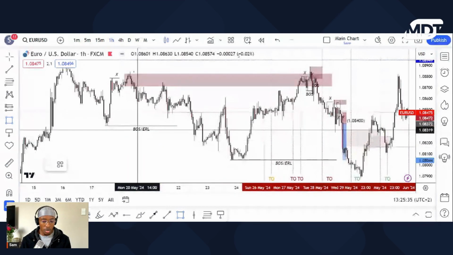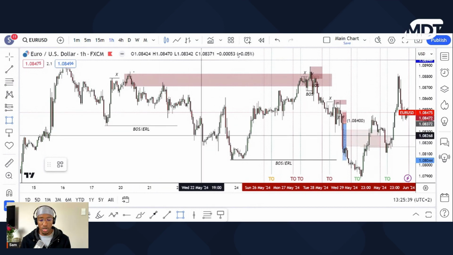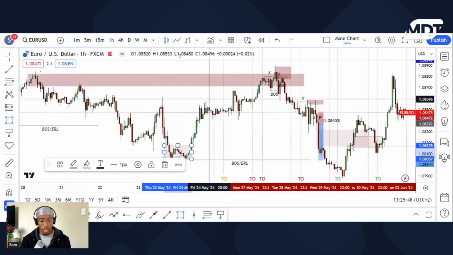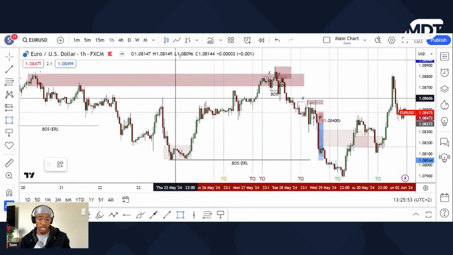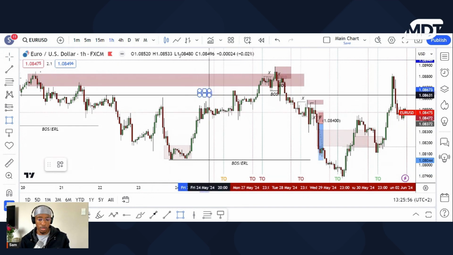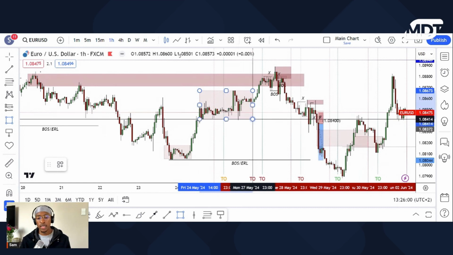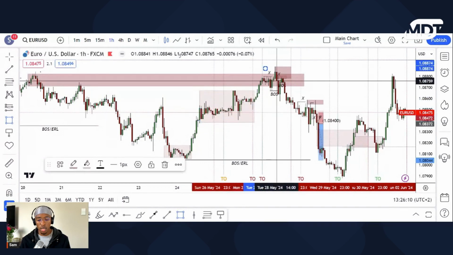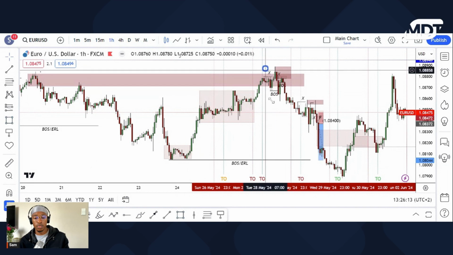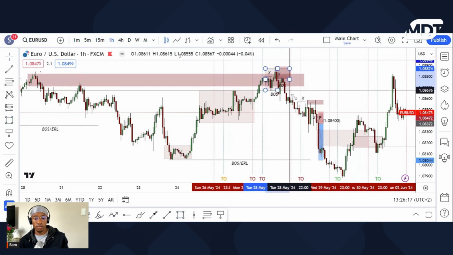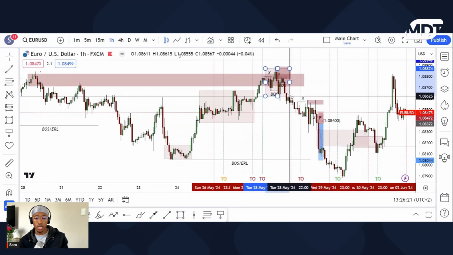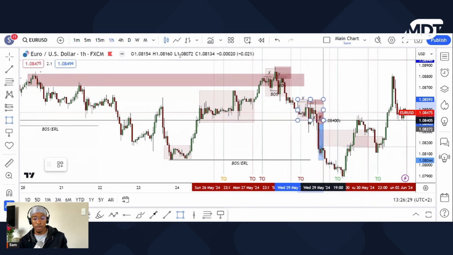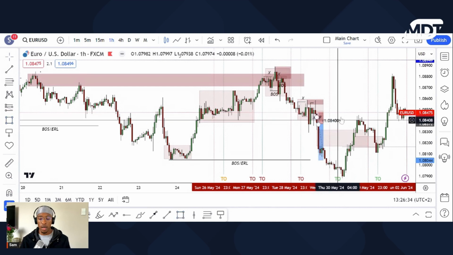And so if we run through that, once we had breached this range liquidity and gone to the bottom of that, we had first consolidation, displaced to the upside, second consolidation here, second consolidation there, then another expansion to the upside, and then up there, and there was an entry opportunity there, and then we had our displacement to the downside, and second consolidation, and then displacement to the downside.